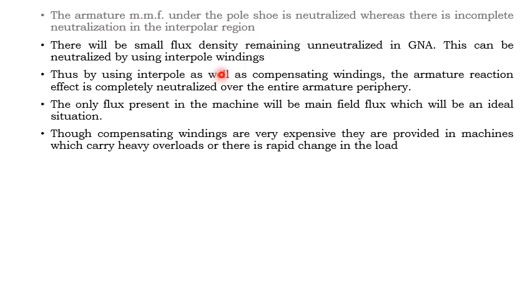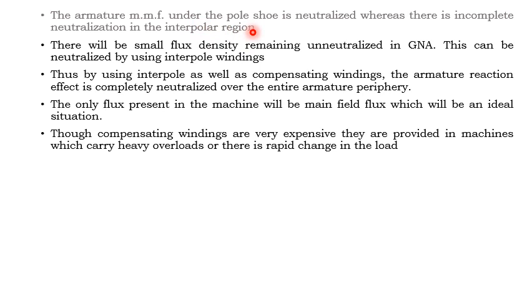The armature MMF under the pole shoe is neutralized, whereas there is an incomplete neutralization in the interpolar region. Here you cannot observe the perfect neutralization of the armature reaction or armature MMF.